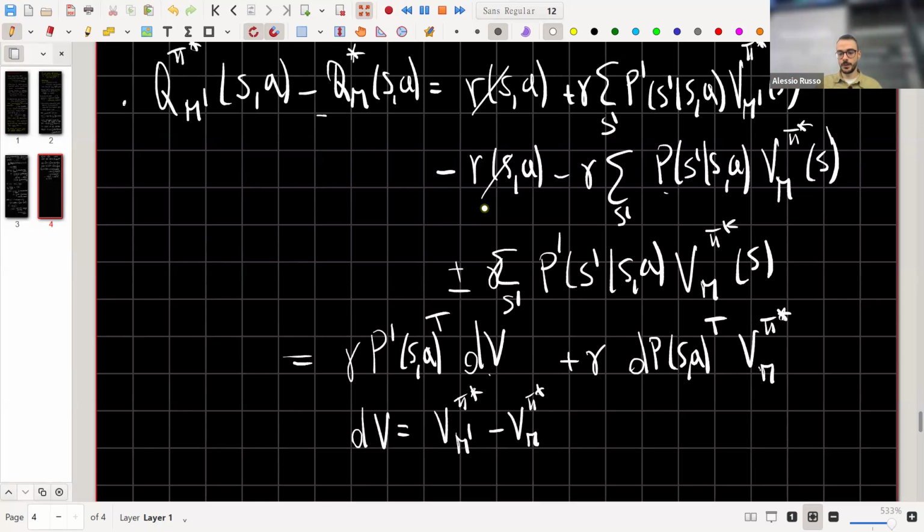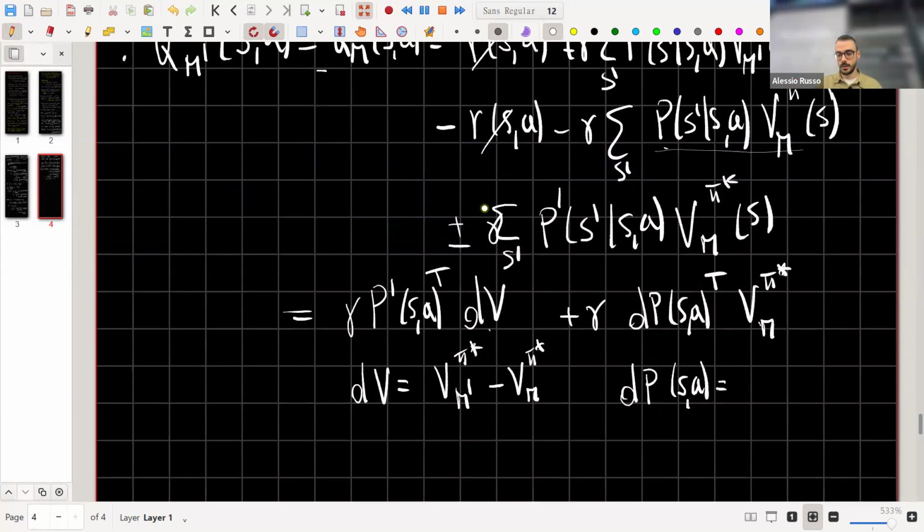And the same here for this other term, where we are taking the difference between this quantity and this quantity. We will have P prime minus P, which we denote by dP. So dP S A is simply the difference between the vectors P prime S A and P S A in vector form.